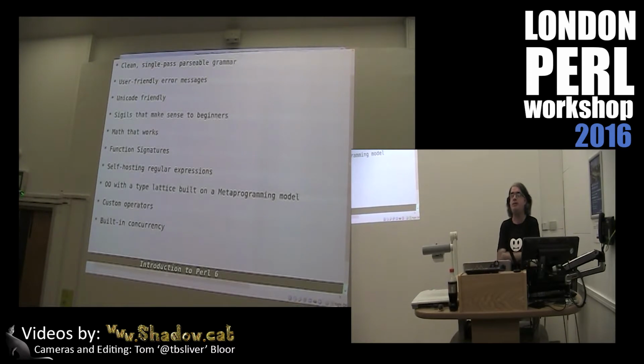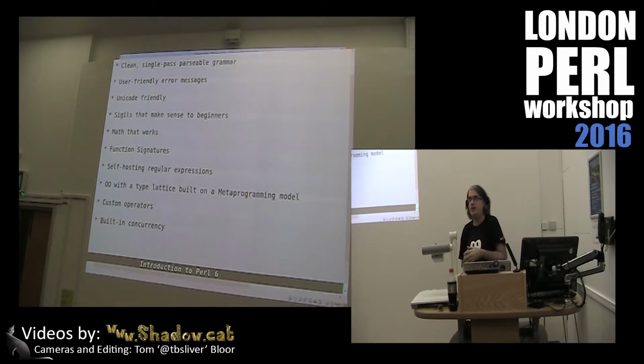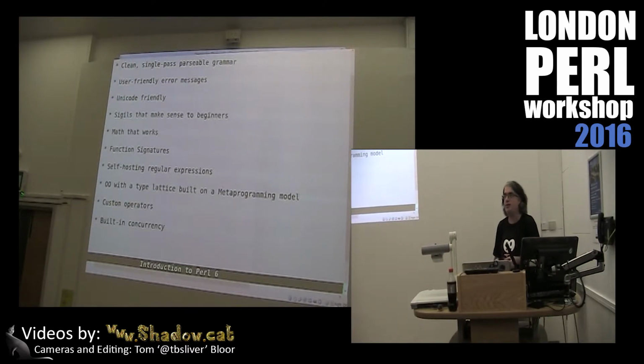So if you choose to have, say, 4 or 5 subroutines with the same name but different type signatures, say you have a combination function that combines int and int in one way, and int and string in another way, you can name them all the same, and Perl 6 will choose what variant you want at runtime.